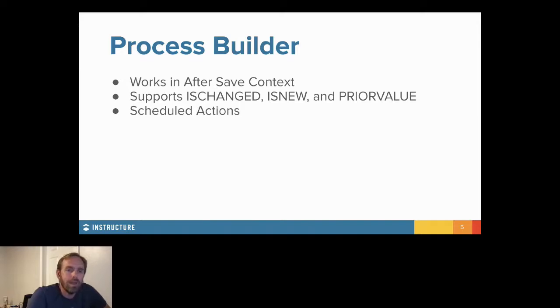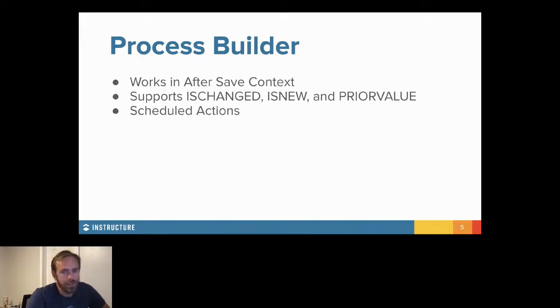Process Builder is also not on that list. The big thing, and Mira kind of highlighted it, and this is one of the reasons why it's slower than everything else, is that it's always an after save context. So when you have a Process Builder fire a same record update, it's going to write that record back to the database, so it's always going to have more overhead. But it and workflow rules both support is changed, is new, and prior value.